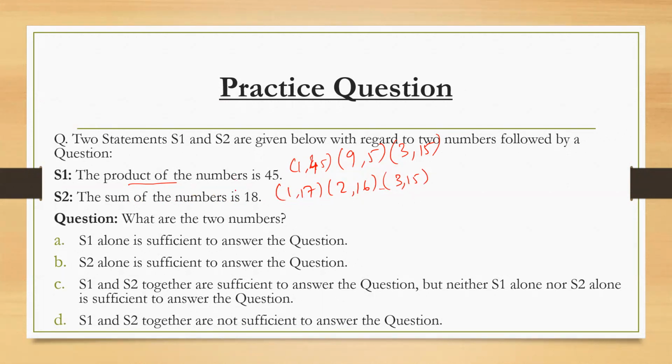But when we combine both of them together, we observe that there is one pair of numbers that is satisfying both the statements. That is the reason S1 and S2 together are sufficient to answer my question that has been given. I hope this is very clear, straightforward.